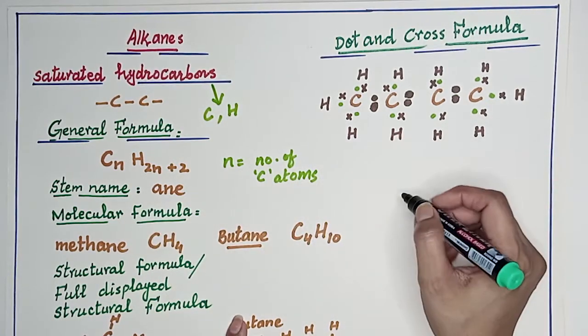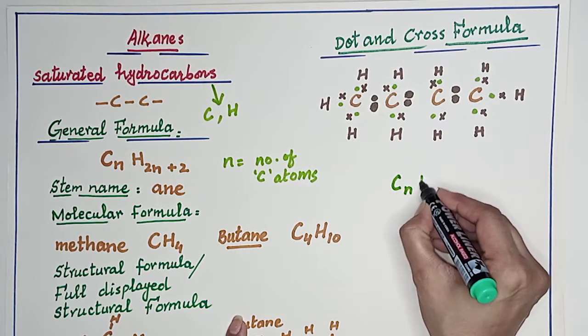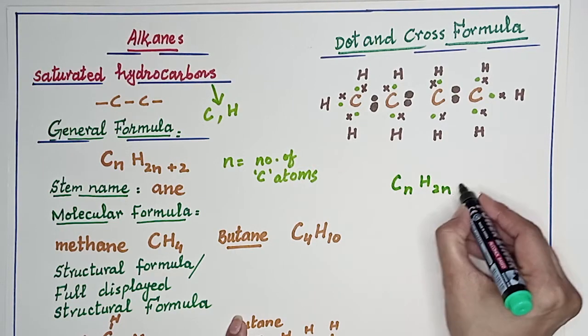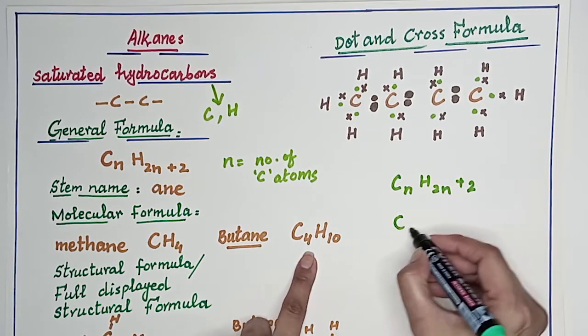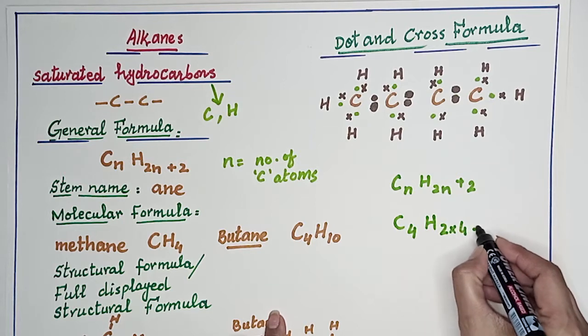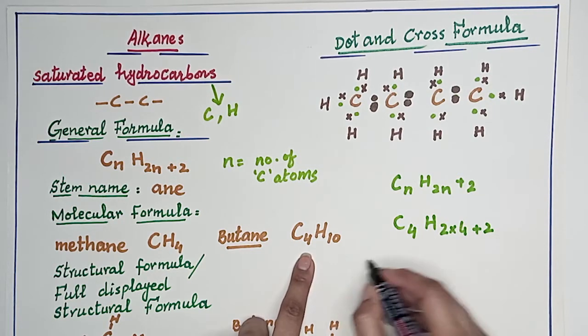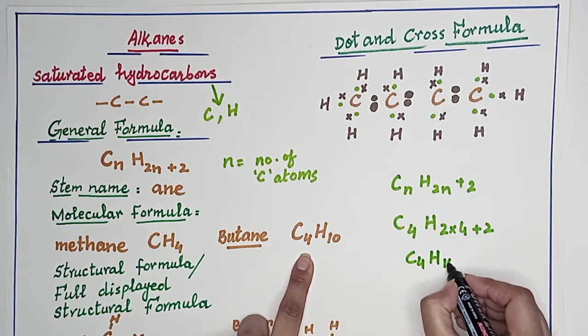For example, if we want to know about butane, how can we get butane after putting the values in this n? If we have 4 carbon atoms, the formula will be 2 into 4 plus 2. After solving it, C4H10.